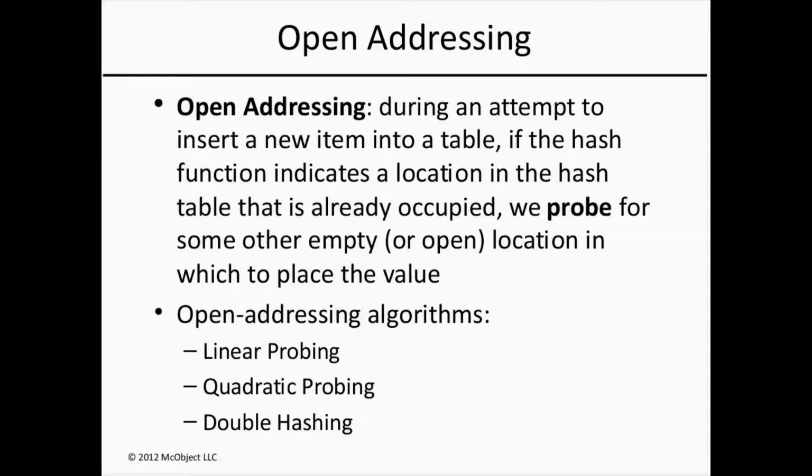The well-known probe sequences include linear probing, in which the interval between probes is fixed, usually at 1, quadratic probing, in which the interval between probes increases linearly, hence the indices are described by a quadratic function, and double hashing, in which the interval between probes is fixed for each record, but is computed by yet another hash function.